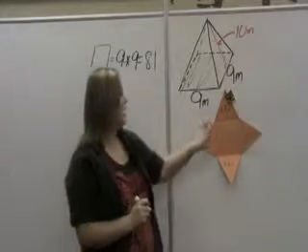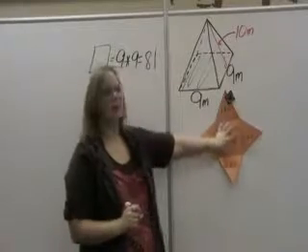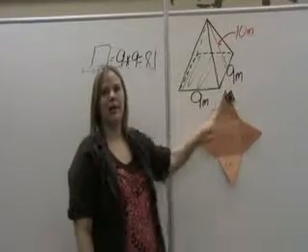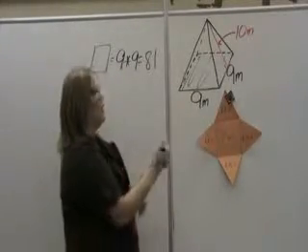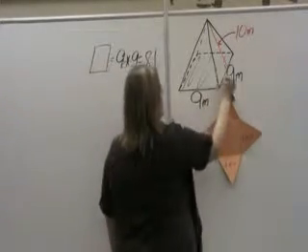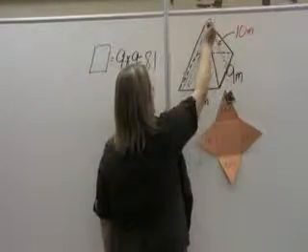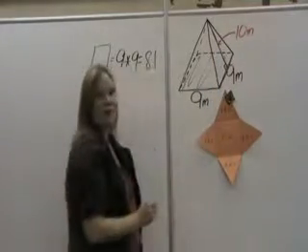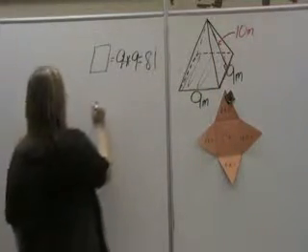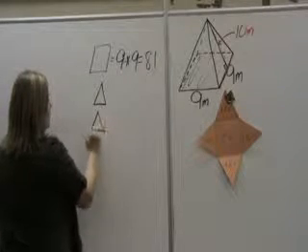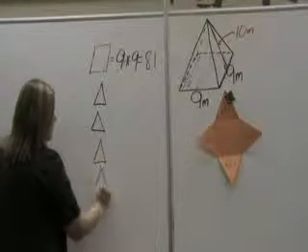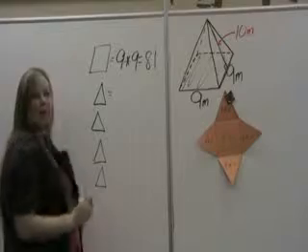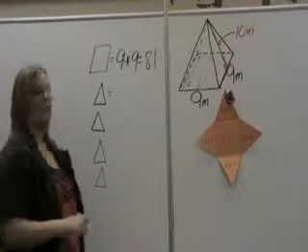Next, you have to find the area of the triangles. Since this is a square on the bottom, all 4 triangles will be the same. Your triangles have a base of 9, and your height is drawn from the top point down to the base and is perpendicular with the base. Remember your triangles are base times height divided by 2.